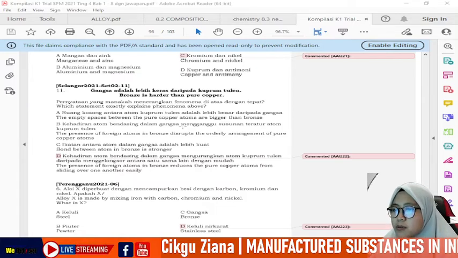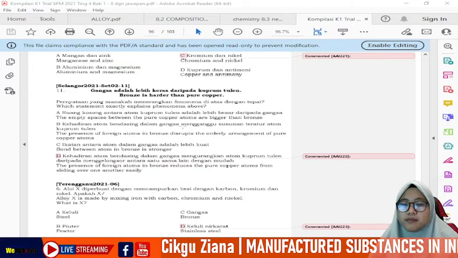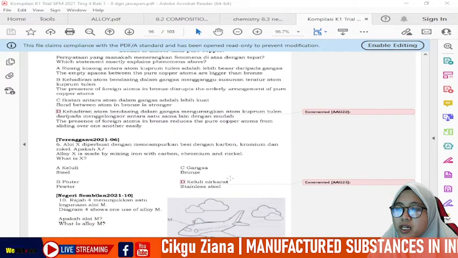Because of the presence of what? B. The presence of foreign atoms in bronze disrupts the orderly arrangement of pure copper. The presence of foreign atoms in bronze reduces the pure copper atoms from sliding over each other.